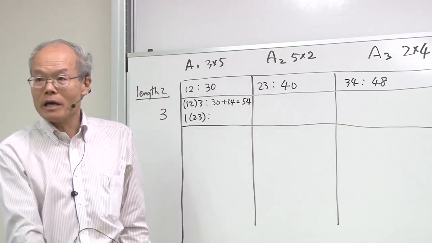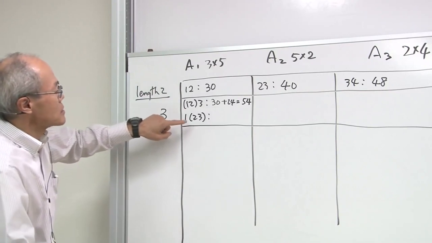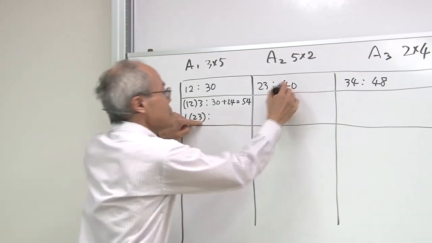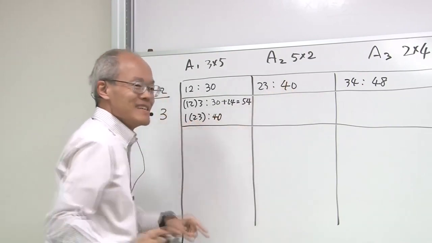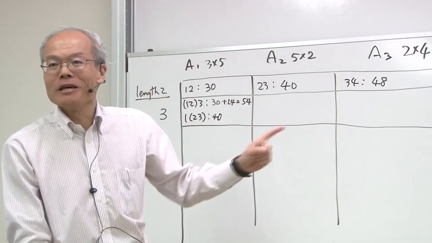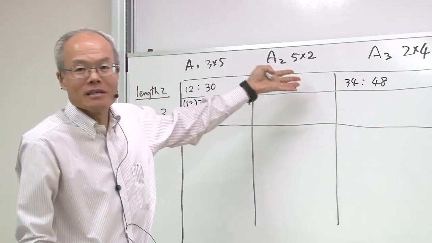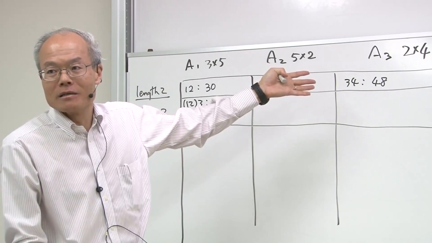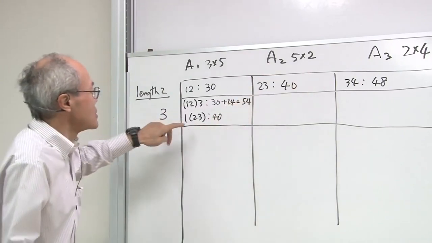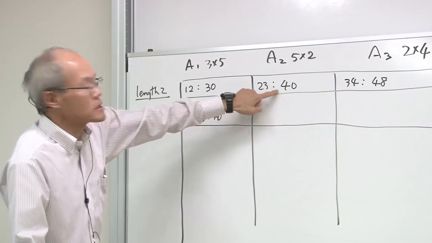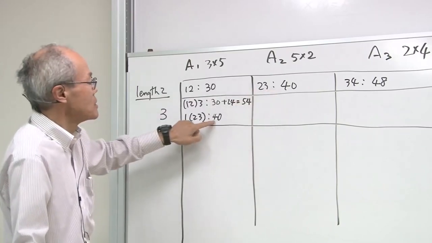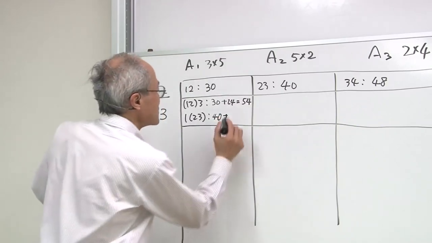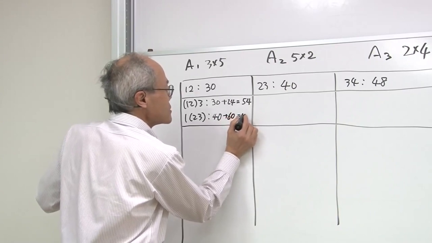Is this clear? Okay? Now this. In order to multiply 2 and 3, you already have the answer, 40. So the idea is that when constructing this table, you can use the previous data efficiently. Okay? That is the idea. So in order to multiply 2 and 3, we already have the answer, 40, plus, I don't know, 60, is equal to 100. Why 60?